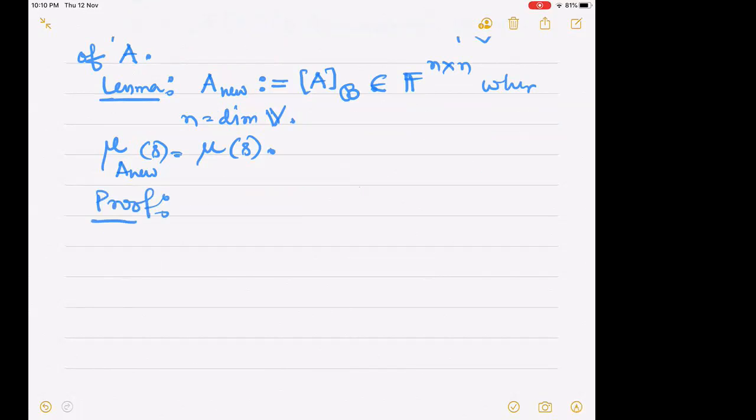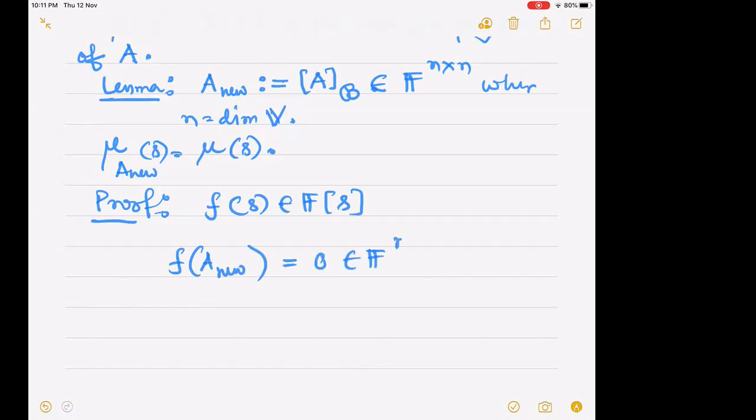Suppose I have A_nu, right? Here's the thing: if f is a polynomial, then f(A_nu) is 0 as a matrix if and only if f(A) as an operator is the 0 operator in this space, right?